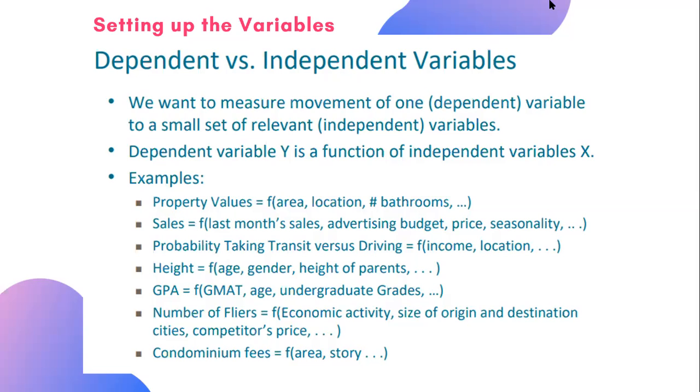Again, please remember that the dependent variable is the Y variable. In the property price example, the price of the property is the Y variable, and the factors that impact the property price are the independent variables, or the X variables. There can be more than one X variable, but there can only be one Y variable.